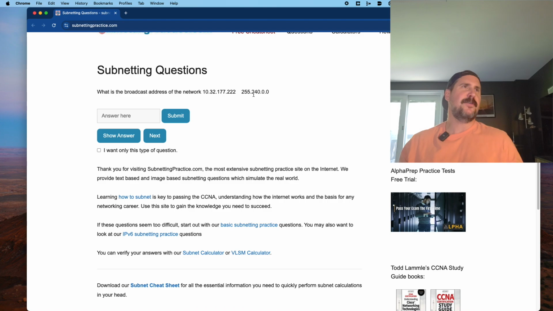All right, so if we know that our block size is 16, that means 10.32. So 16 plus 16 is 32. So 10.32 is our network space.